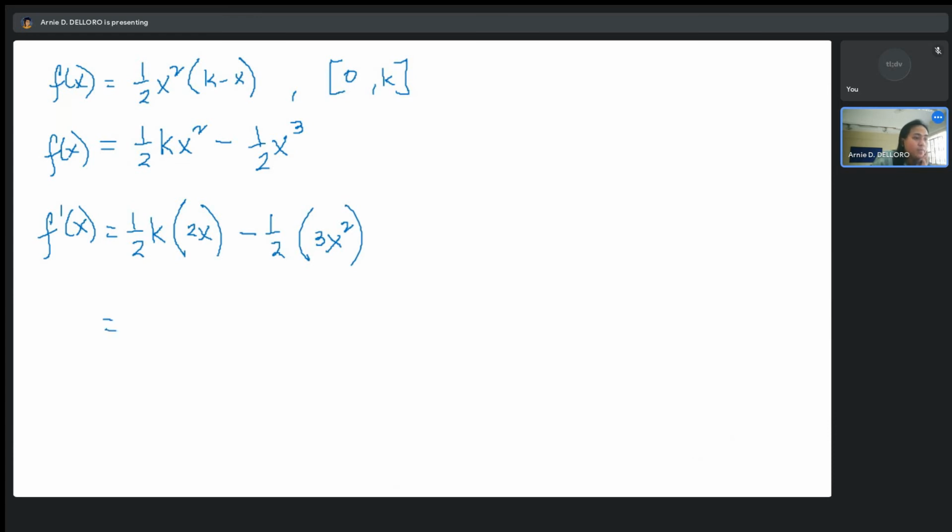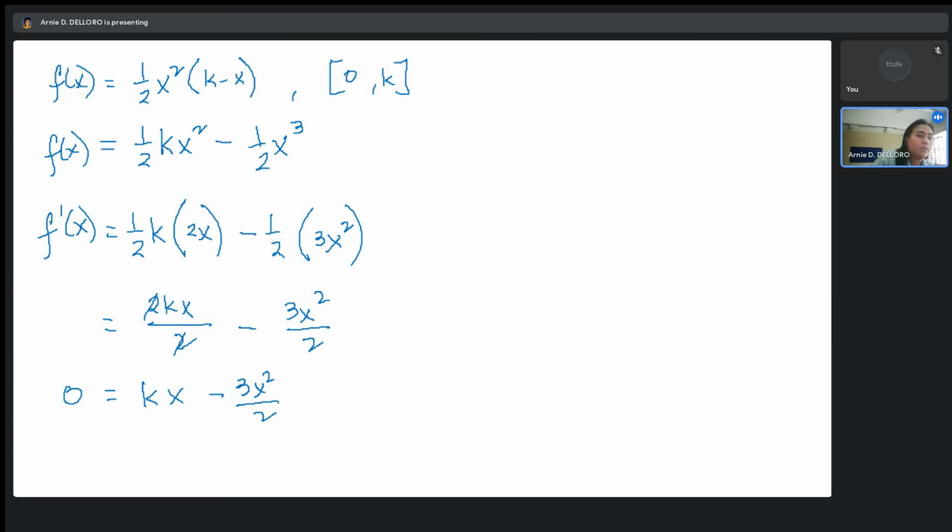So this will be magiging siyang 2kx over 2 minus 3x squared over 2. Okay? Okay. So this will be, ito cancel na to. So we have kx minus 3x squared over 2. Equate natin sa 0 para ma-identify natin yung value ng x.